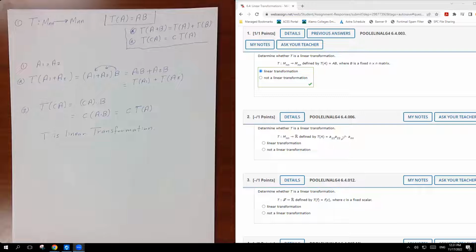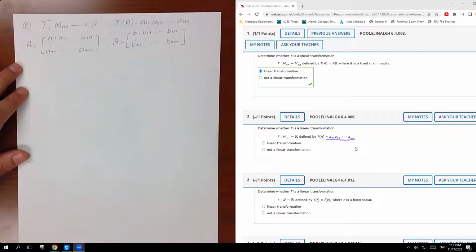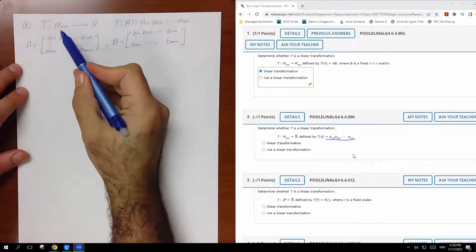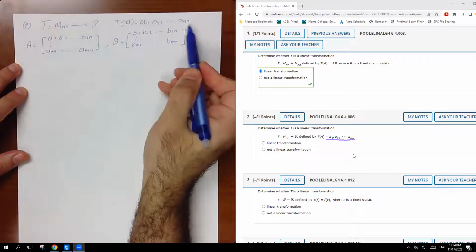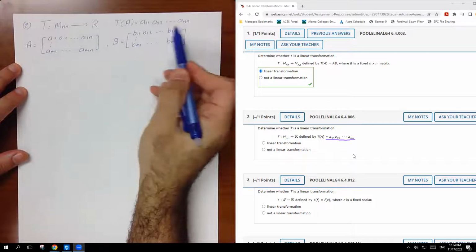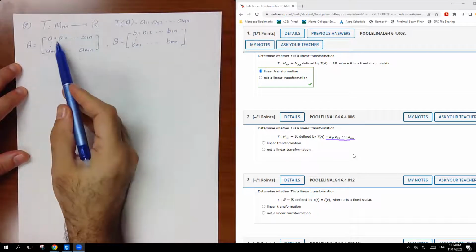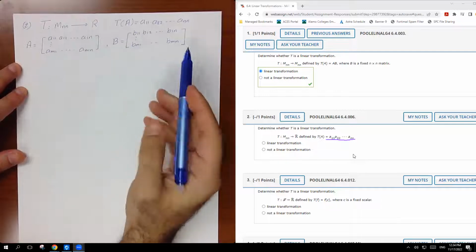So let's check how we're going to prove whether it's a linear transformation or not. We have to satisfy the two conditions. The transformation is from the matrices with dimension n times n to R, and here's the rule, which is the multiplication of the diagonal. Here's the matrix A, and here's the matrix B.